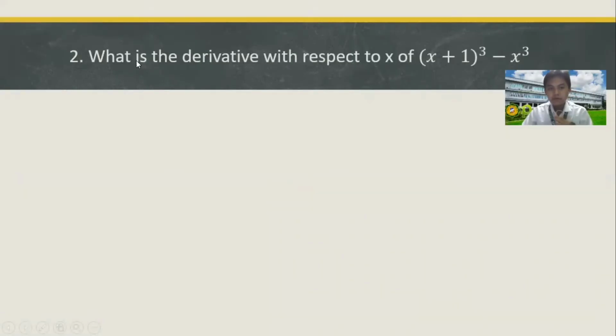The second problem. What is the derivative with respect to x of quantity x plus 1 raised to the power of 3 minus x cubed? In this equation, we will use the sum and difference rule, and also apply the power rule: d over dx of x raised to the power of n is equal to n x raised to the power of n minus 1.